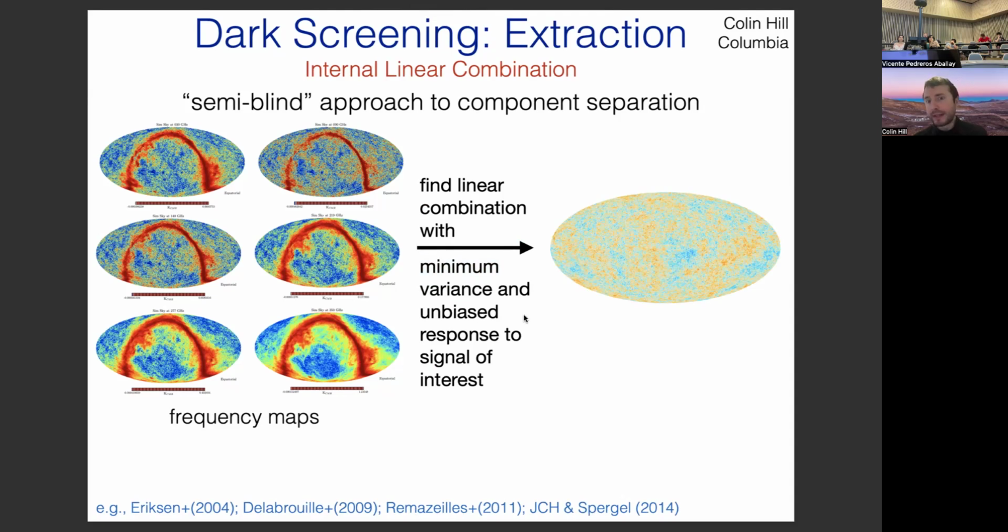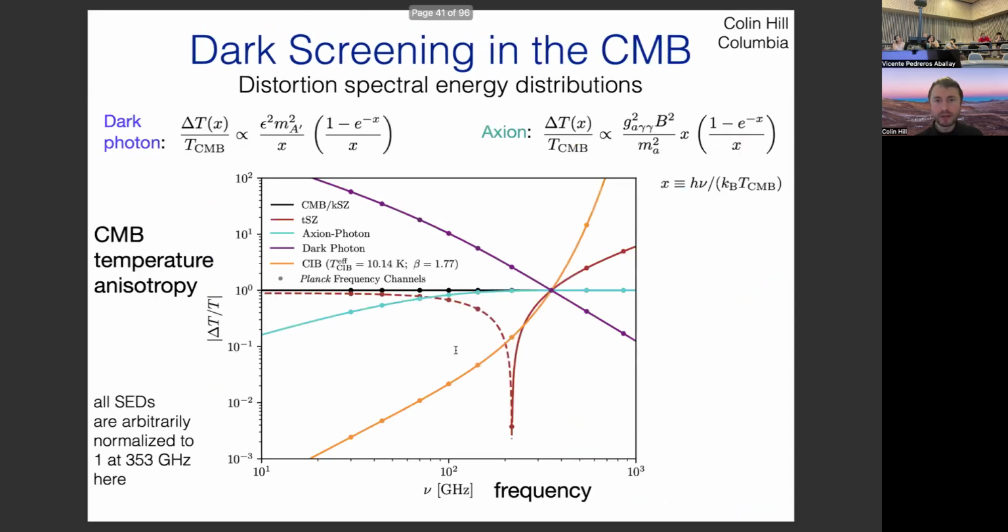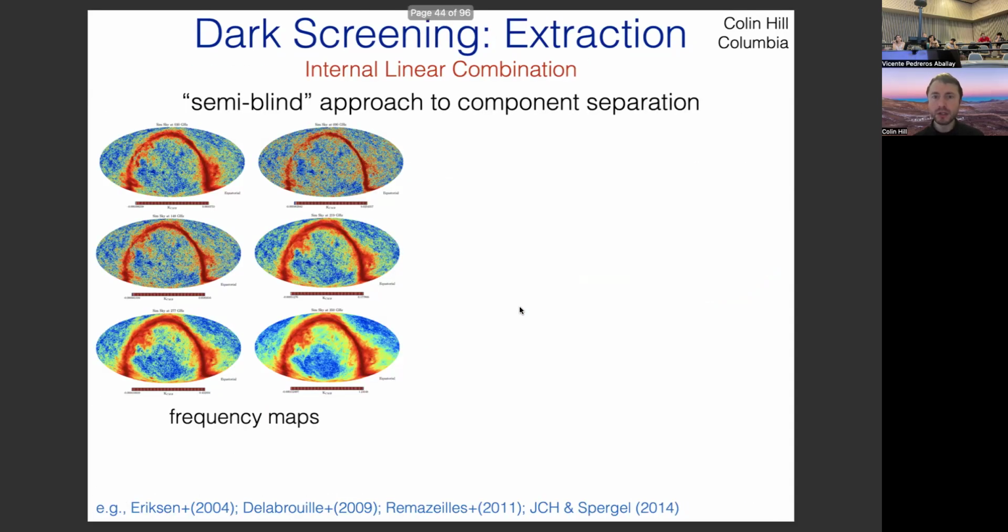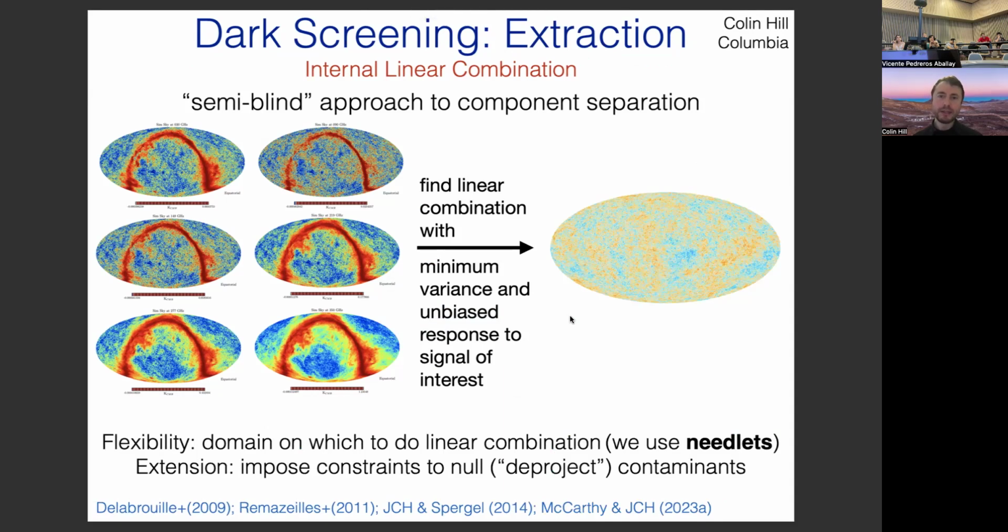So the classic case is to look for an unbiased response to the CMB blackbody spectrum, and doing that analysis produces the Planck map that I showed you at the beginning of the talk. But we could just flip one line in the code and say, let me instead look for a signal with a frequency dependence that looks like this dark photon distortion or like this axion distortion. So that's what we did.